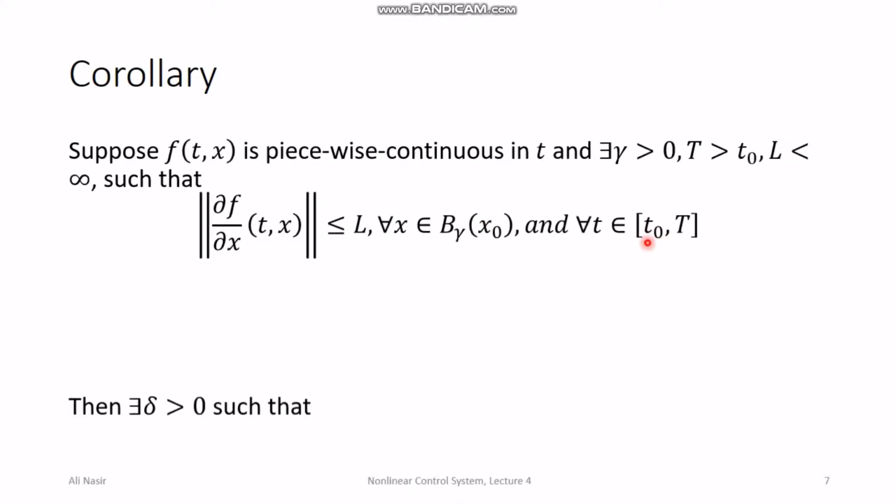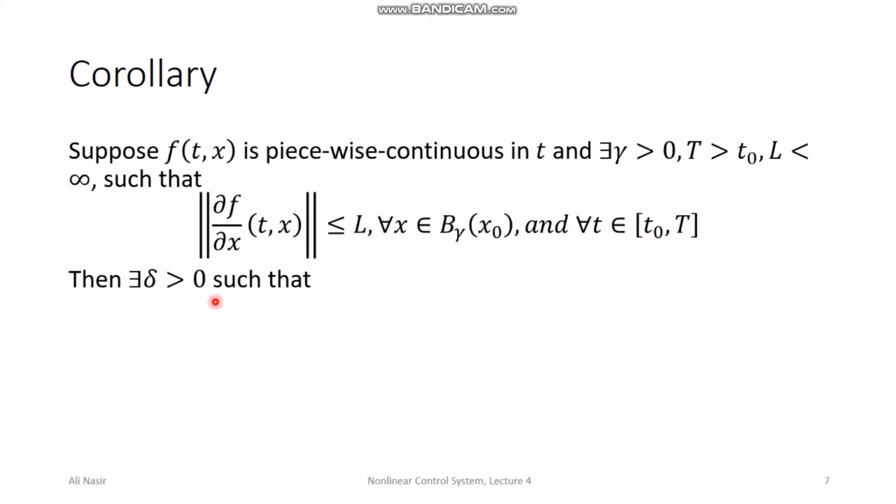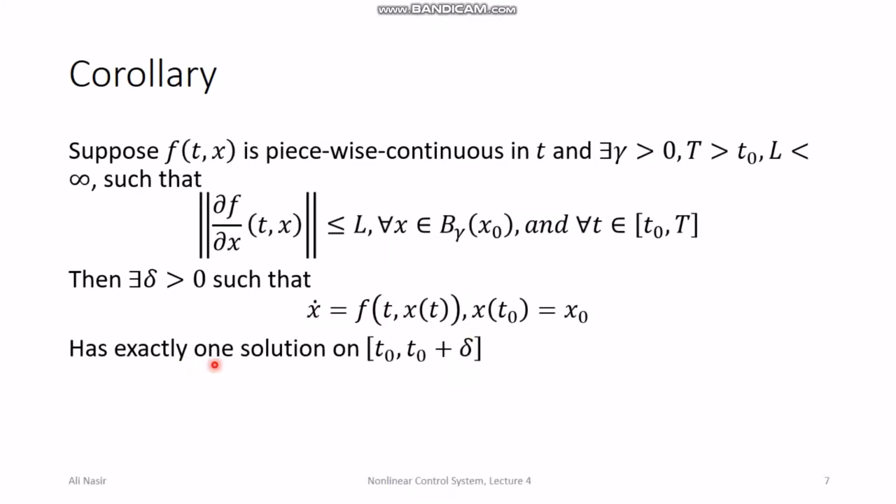Then there exists delta greater than 0 such that this differential equation will have exactly one solution. So this is again existence and uniqueness, but in terms of the bound on the Jacobian of f, or the bound on the slope of f.